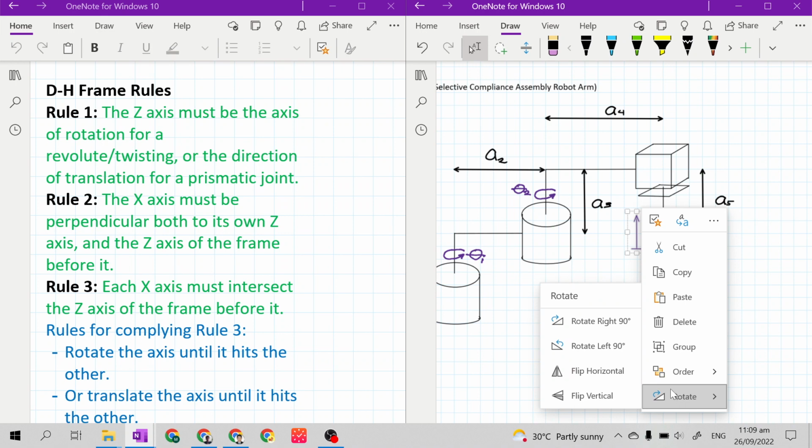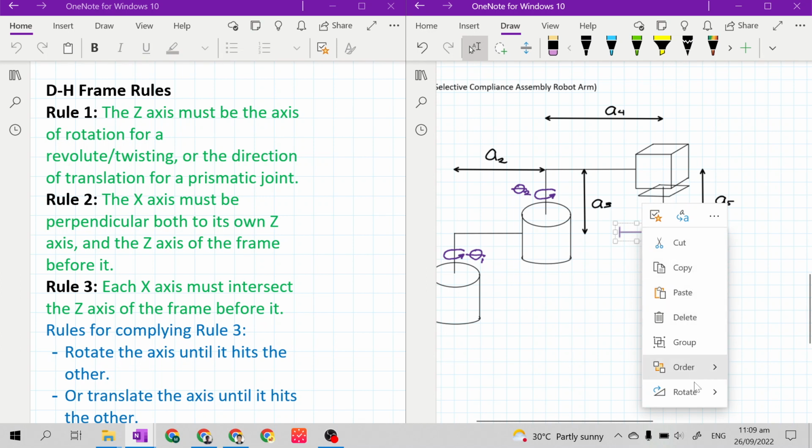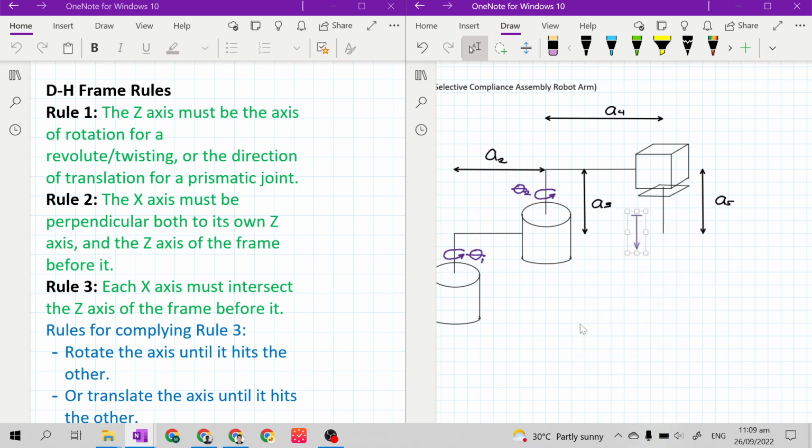So I will just rotate it right 90 degrees. Then this will be our D3, because this is a prismatic joint. It should be D3.